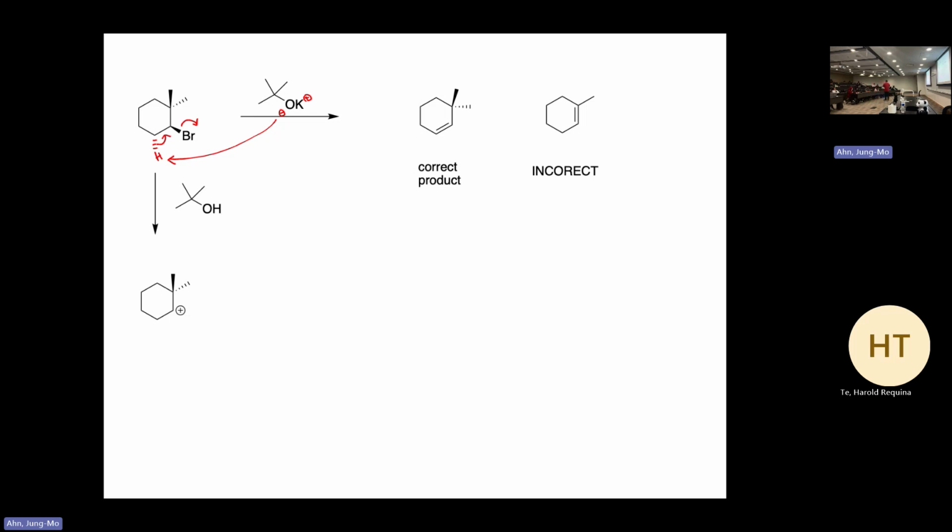So what happens? The molecule sits there for a long time, and then it waits until the halide, the bromide, pops out. It makes a carbocation. Once it makes a carbocation, protons are taken up by the base, and you can potentially make that one too. But that's a secondary carbocation. And of course, if you shift the hydrogen from this carbon to there, it just makes another secondary carbocation.